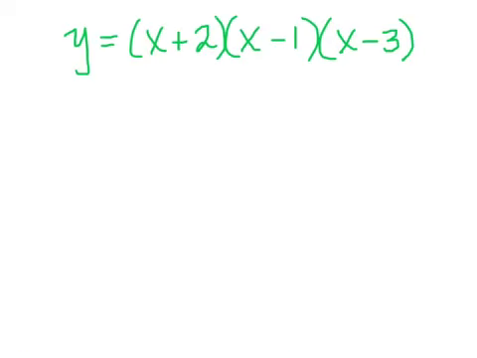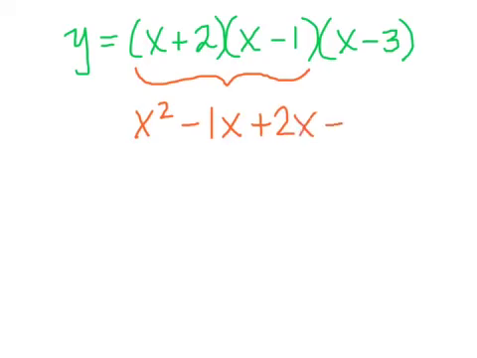So to get it out of factored form and into standard form, you want to multiply, and you can really only multiply 2 binomials at a time. So we're just going to take the first 2 and FOIL them. First, outside, inside, and then last times last.